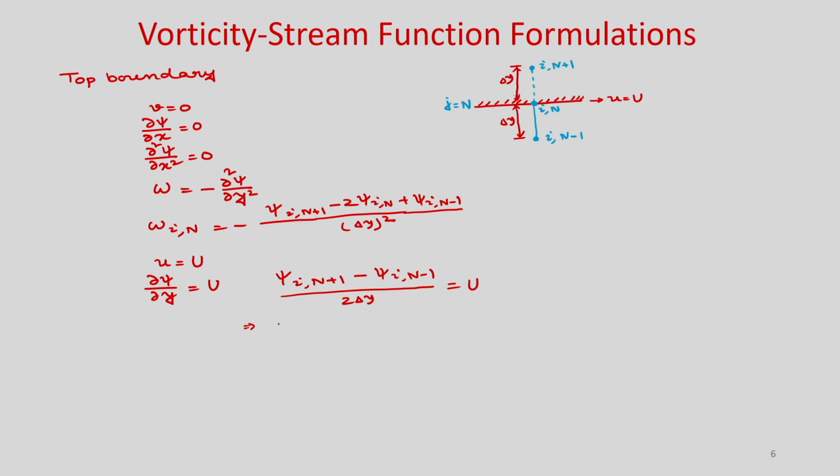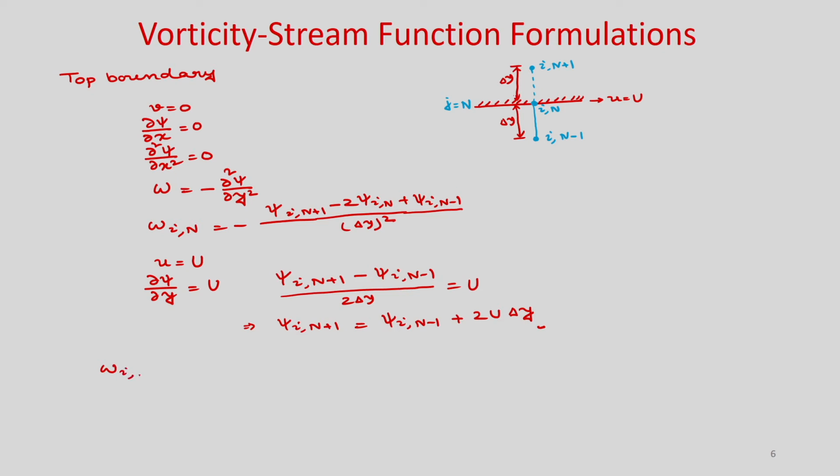So, you can write psi I n plus 1 is equal to psi I n minus 1 plus 2 u delta y. Now, this value you substitute in the omega expression and find omega I n.